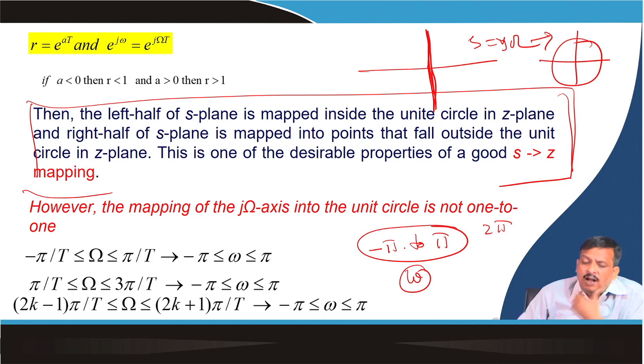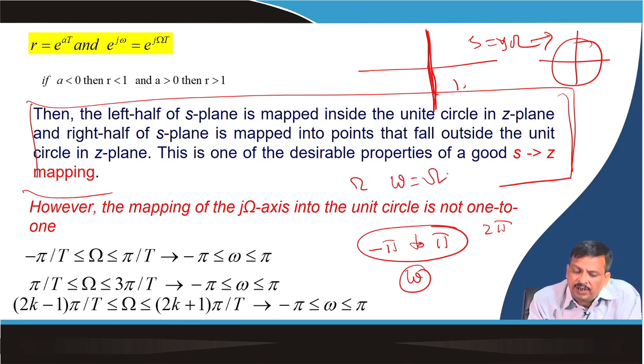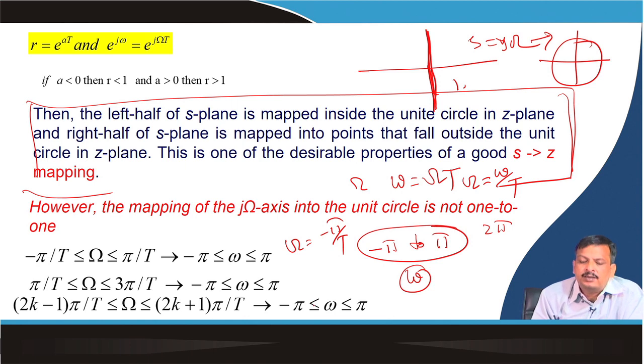Okay or not? Now, if you see, what is small omega? It is equal to capital omega into T. So, I can say that capital omega is equal to analog omega by T. So, if this omega is equal to minus pi by T, then I can say small omega is equal to minus pi.